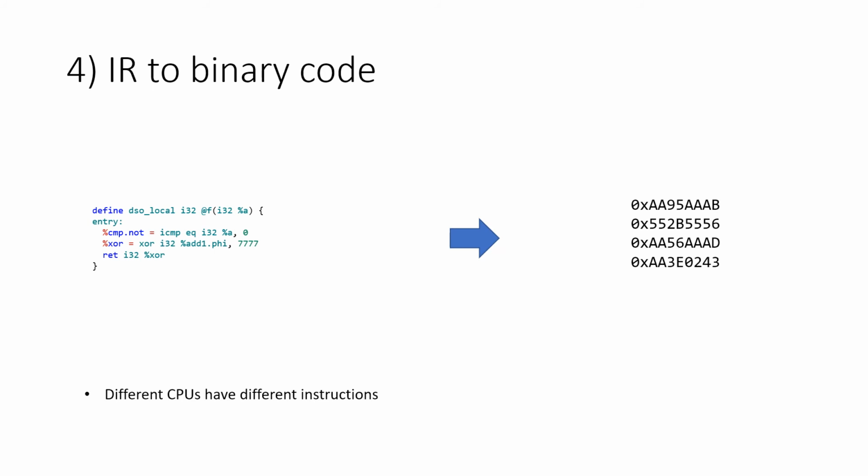And the CPUs are very different. They have different instructions. So the binary code we need to produce is completely different. So the compiler needs to know which CPU it's generating code for and adapt and optimize the code differently for that particular CPU. So this phase of the compiler takes care of that.